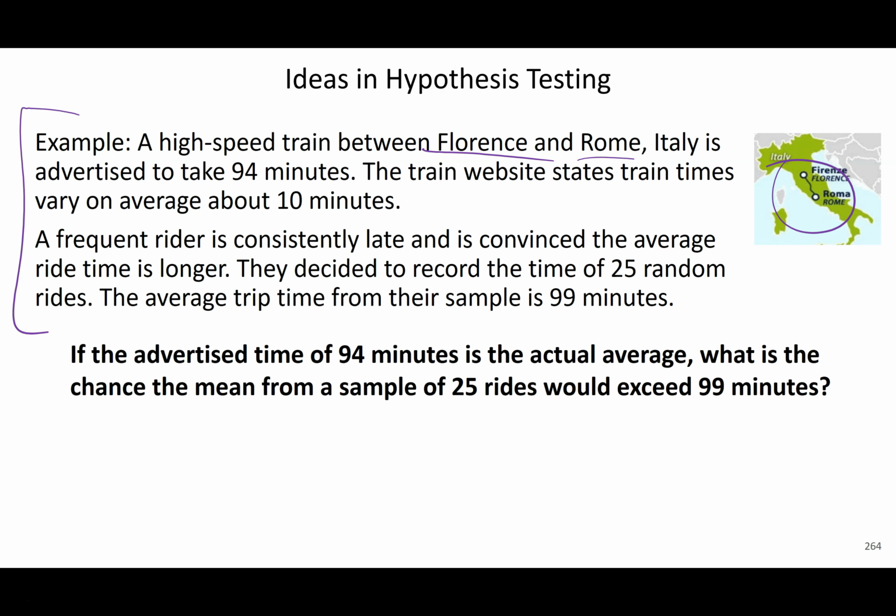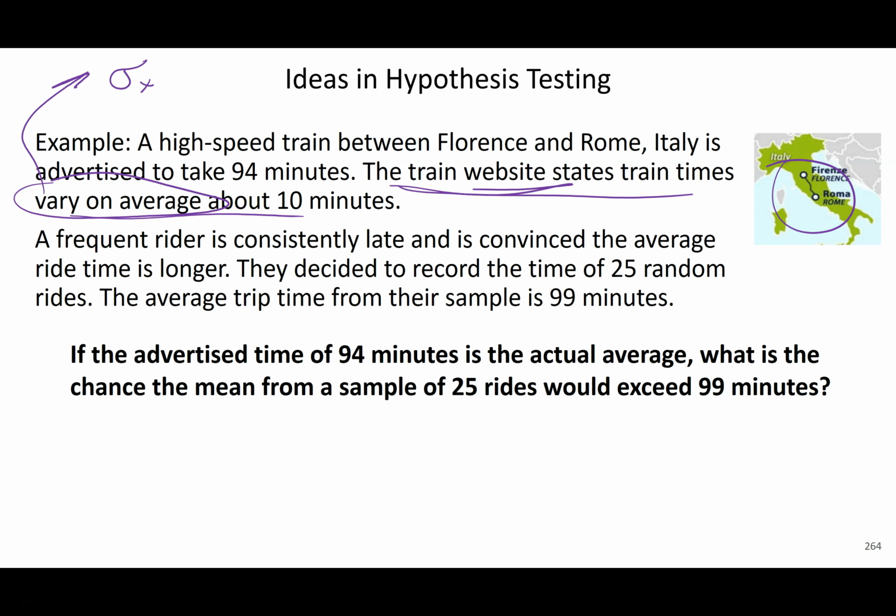The website for this company advertises that the trip takes 94 minutes. The train website states that train times vary on average about 10 minutes. Since it's coming from the overall website, they're giving us a sigma value, or a standard deviation.